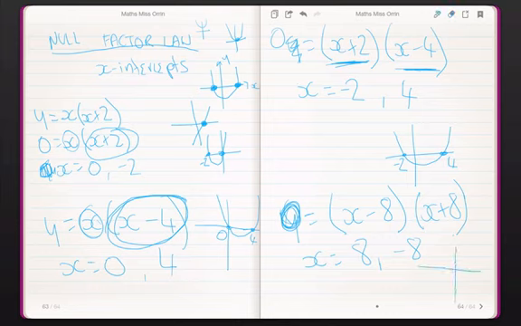Okay, to draw it like this, it would look something like this. This would be 8, and this would be negative 8, okay? That's what we're finding using the null factor law. So x could be 1 different value, x could be 2 different values, x could be nothing at all. But for now, we're working with a couple of different things, all right? So that is how you use the null factor law.